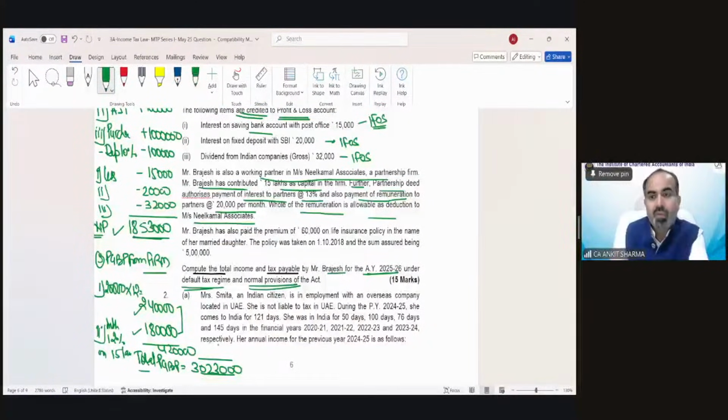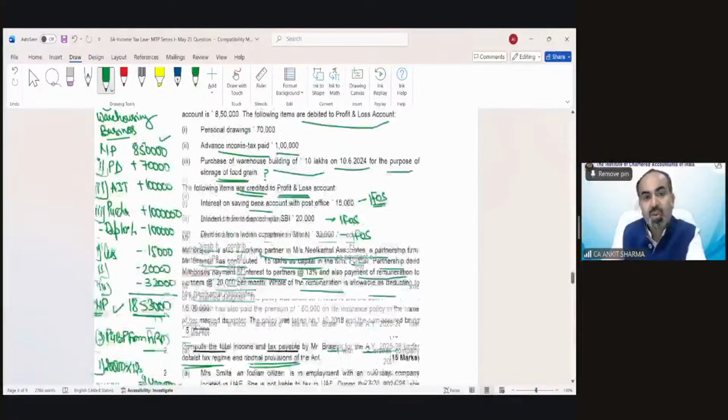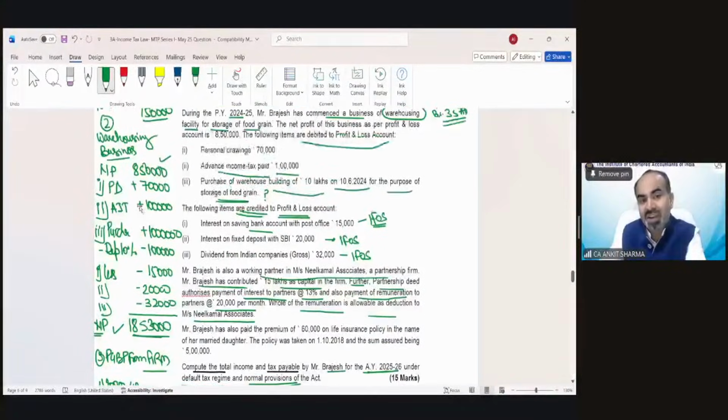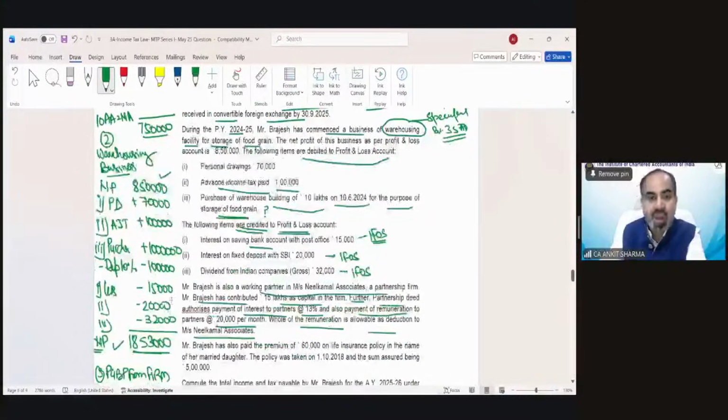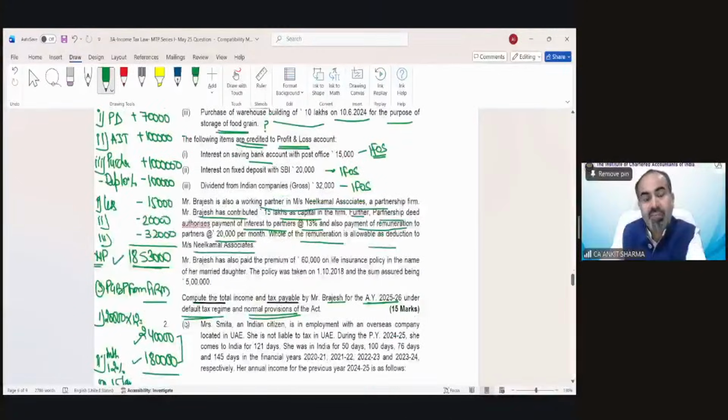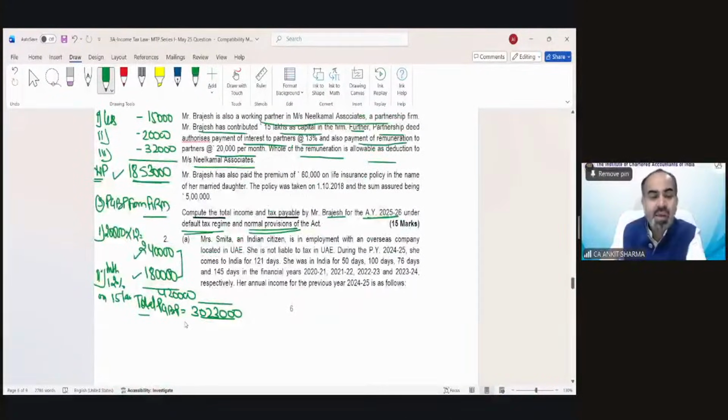Clear? Mr. B. Reddy, you have to include 7,50,000 also, which is the special economic zone business. So total 3 business head incomes: 7,50,000, 18,53,000 and 4,20,000. Then that would be my PGBP, 30,23,000 rupees.